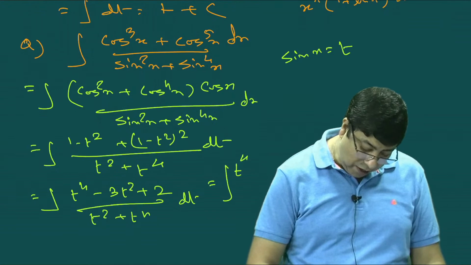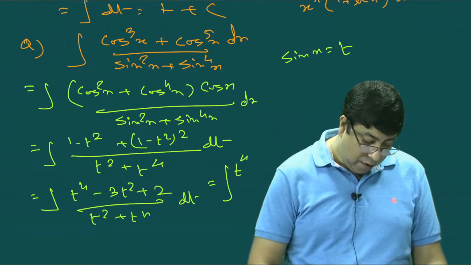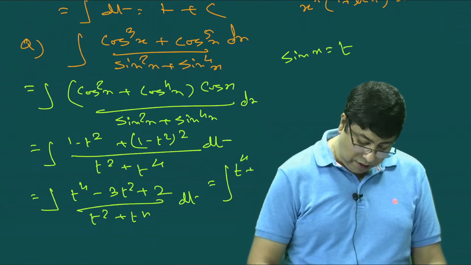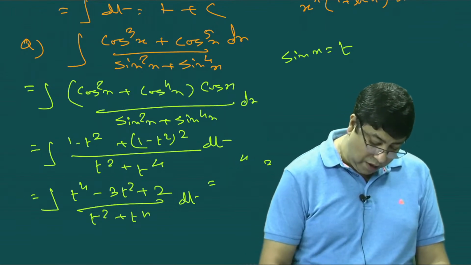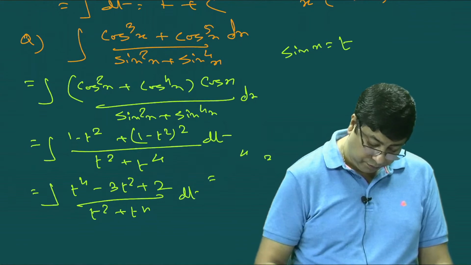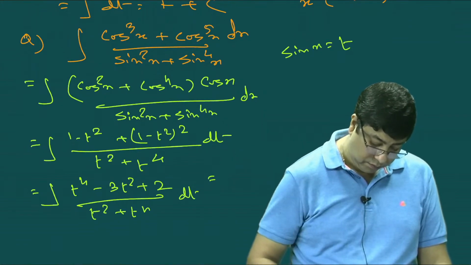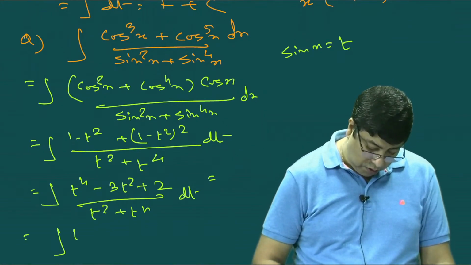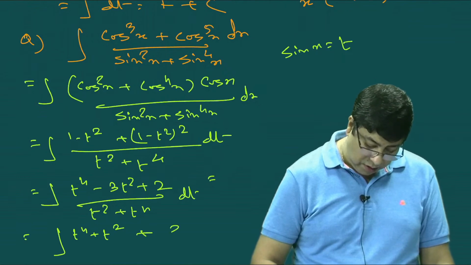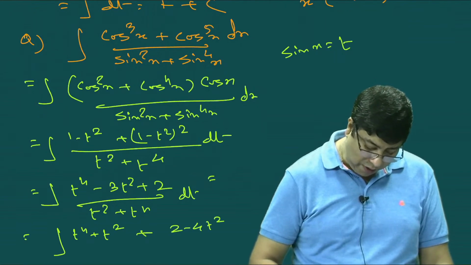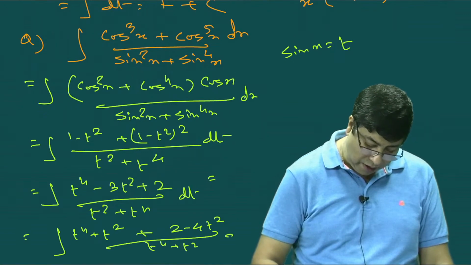Let us write the denominator in the numerator: t to the power 4 plus t square. Okay, I am writing down. We can write here t to the power 4 plus t square, plus 2 minus 4t square, total divided by t to the power 4 plus t square dt.